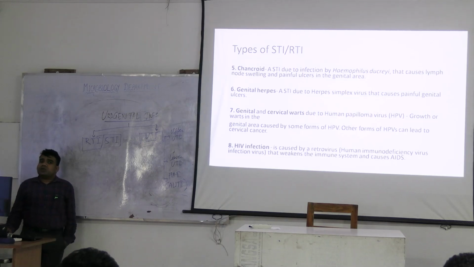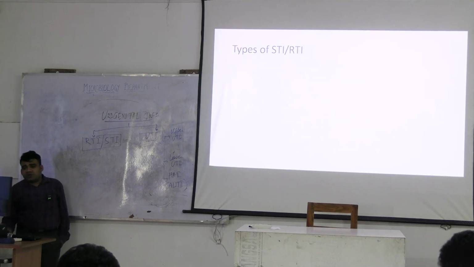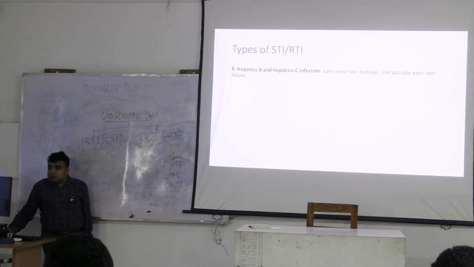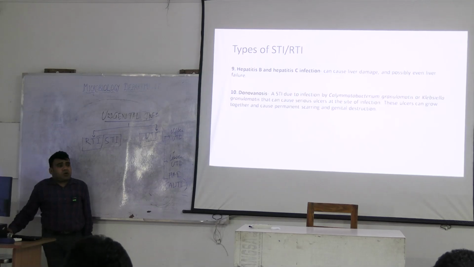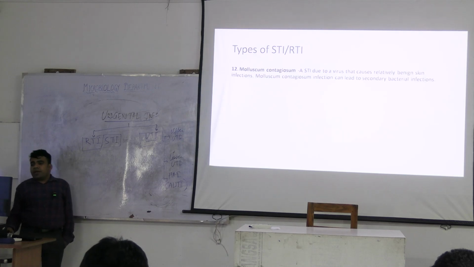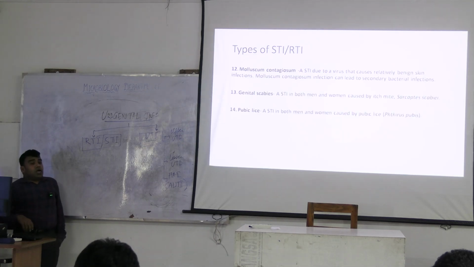Whenever there is a sexual disease, the mucous membranes are exposed. Hence, chances of transmission of HIV increase. Similar to HIV, hepatitis B and C infection can also increase. Donovanosis is caused by Calymmatobacterium. Lymphogranuloma venereum and molluscum contagiosum.